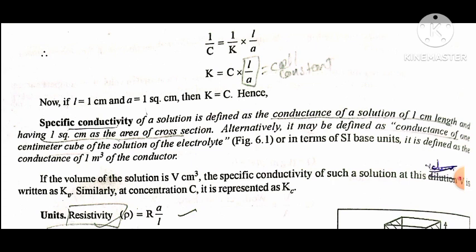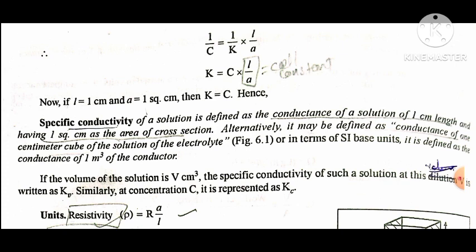Now if L is equal to 1 centimeter and area is equal to 1 square centimeter, then kappa is equal to conductance. Hence the specific conductivity of a solution is defined as the conductance of a solution of 1 centimeter length and having 1 square centimeter as the area of cross section.